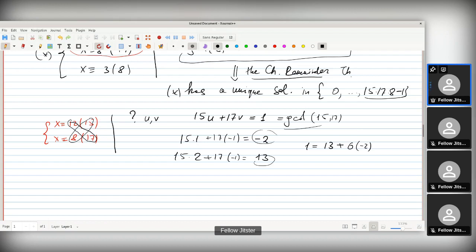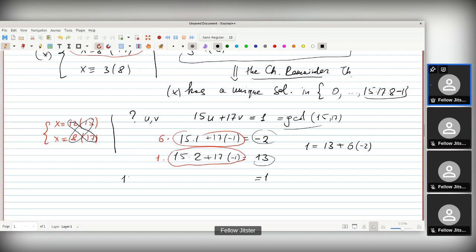Do you agree? Yes. That means that 1 equals 6 copies of this one plus 1 copy of this one. Is it clear? Yeah.